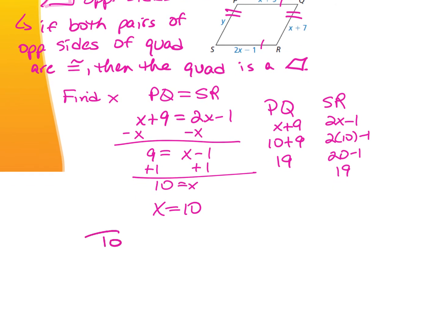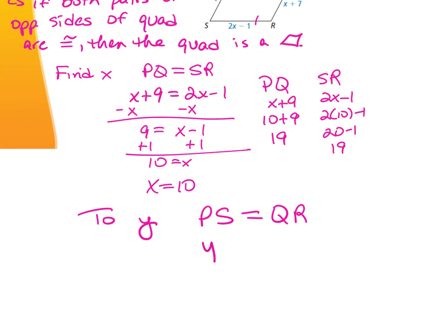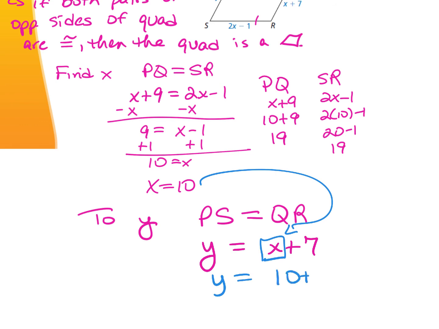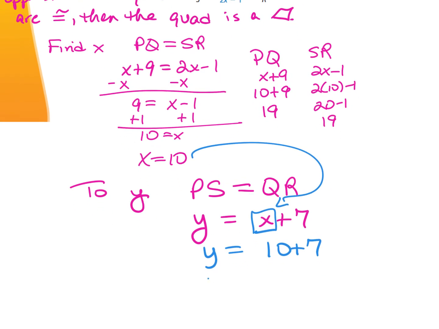So now to find y, I'm going to set PS equal to QR. PS is y. QR is x plus 7. You're like, oh no, I got two variables. What do I do? Well, I'm going to take the x I just found and plug it in. So y equals 10 plus 7, and y equals 17.